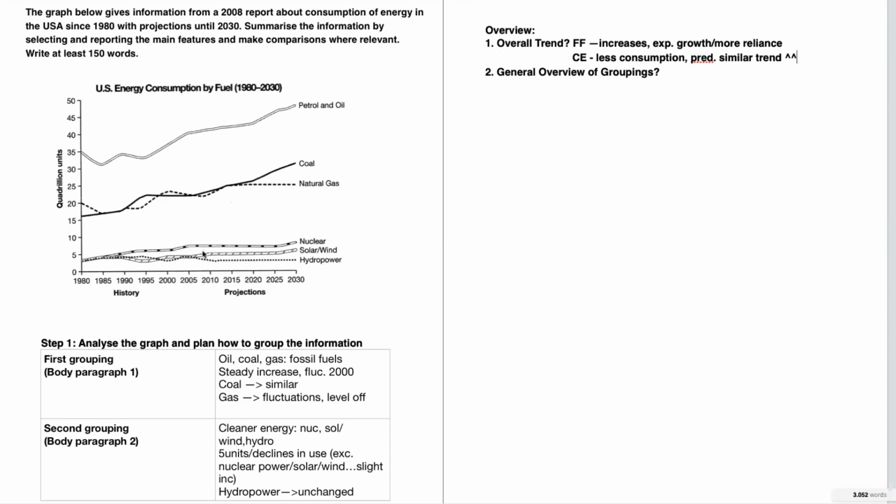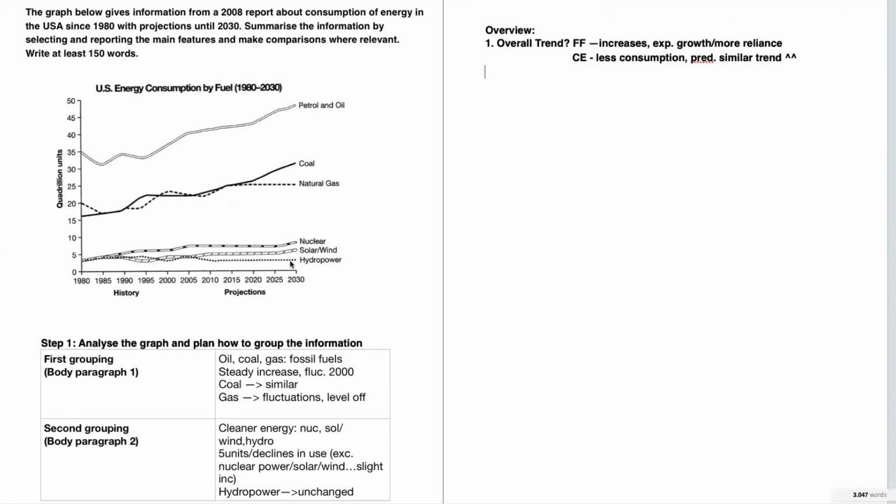So they do have similar trends, but you see the only difference really is that they account for less consumption. All right, so in this case, we're going to use the overall trend. When it comes to our general overview of groupings, you see how they are similar. So we can just get rid of this because I've basically talked about the general overview of groupings here in our overall trend.